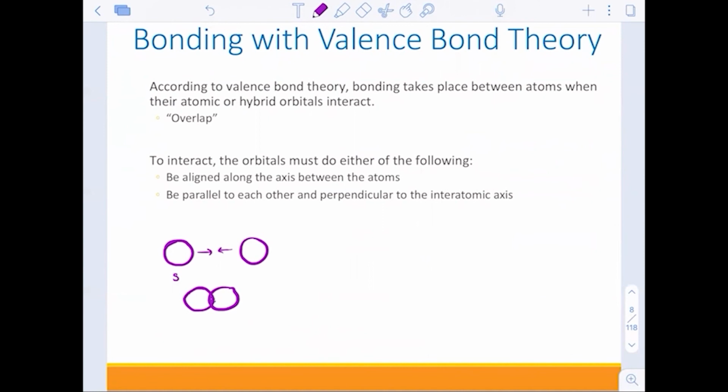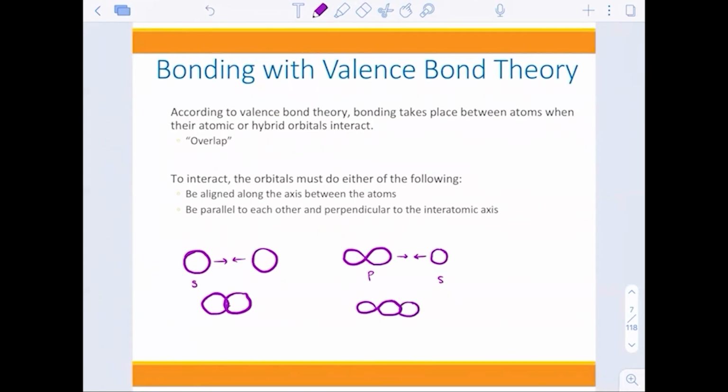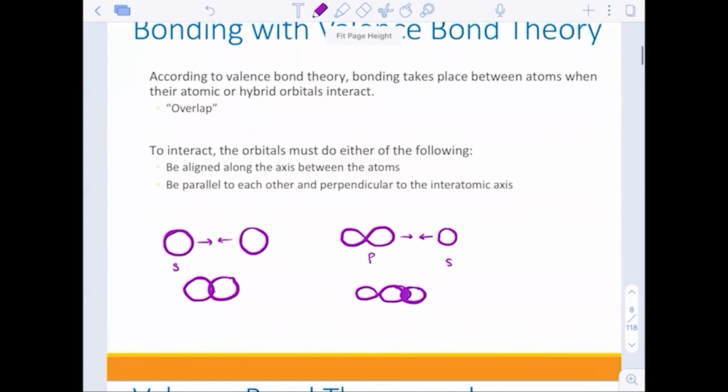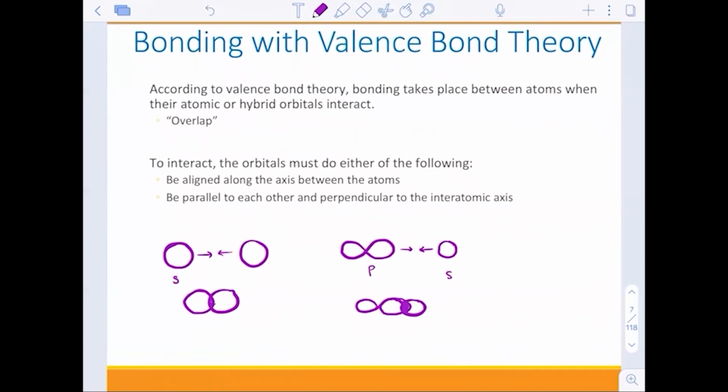Now, another type of orbital overlap that we could see was with the p orbital and an s orbital. This is not hybrid yet. This is just overlapping of plain old atomic orbitals. We'll overlap that a little bit more, being aligned along an axis.